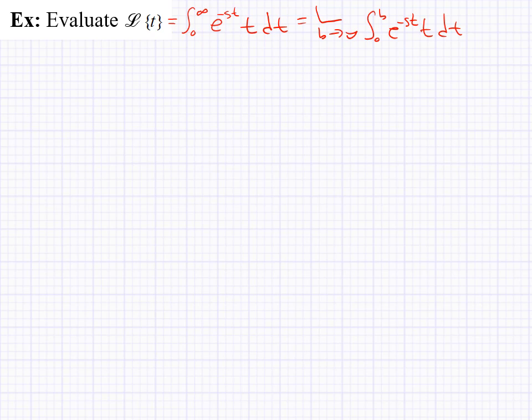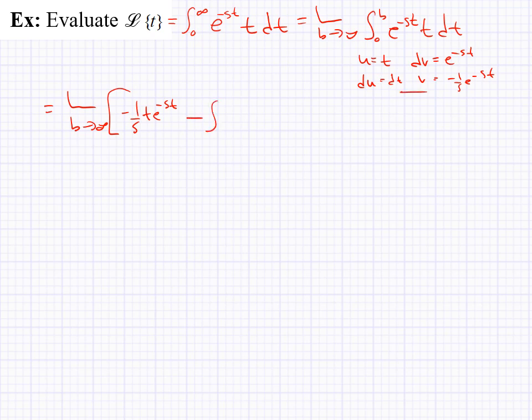To do the integration, we're going to have to do integration by parts. u would be t, dv would be e to the negative st dt, du would be dt, and v would be negative 1 over s e to the negative st. So we would get the limit as b goes to infinity of negative 1 over s t e to the negative st minus the integral of v du, so that becomes plus 1 over s e to the negative st dt. This whole thing is going to have to be evaluated between 0 and b.